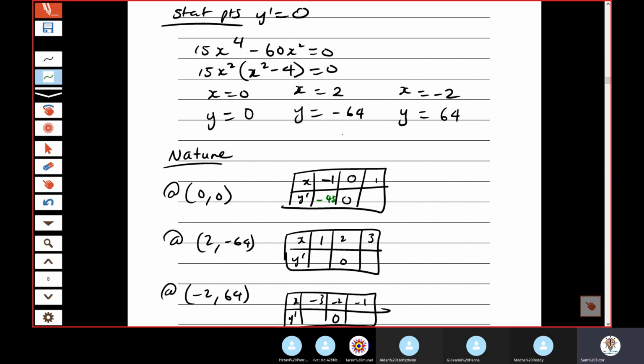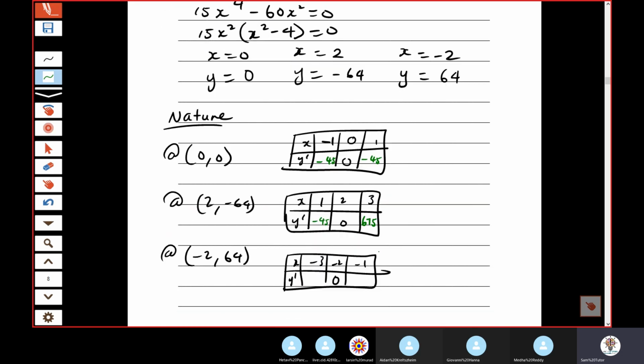At 1, you would get negative 45 because we just did that. At 3, $675. Yeah. Like I said, the number's not that important. It's more the sign.